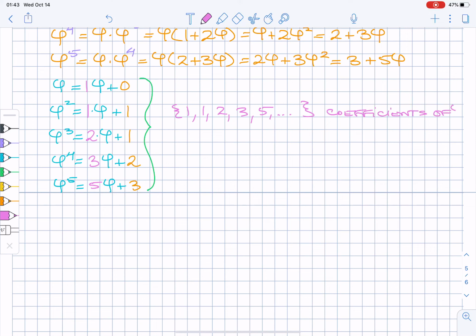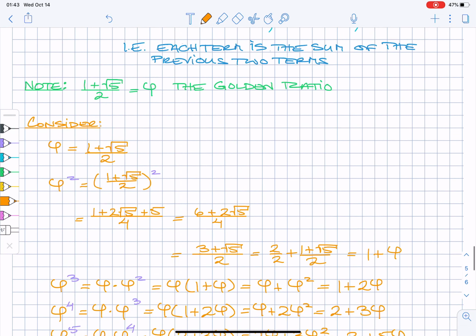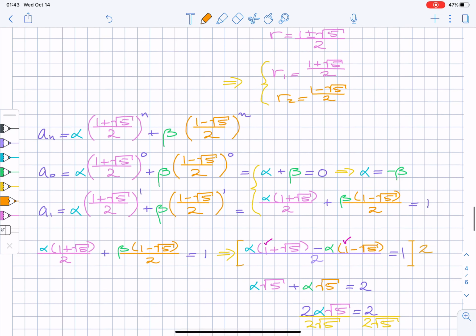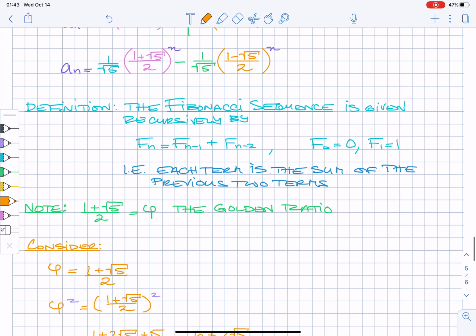Then we have the constant coefficients: 0, 1, 1, 2, 3. But what are these? These are the Fibonacci numbers.